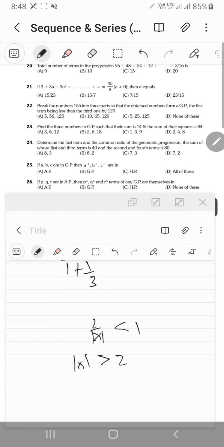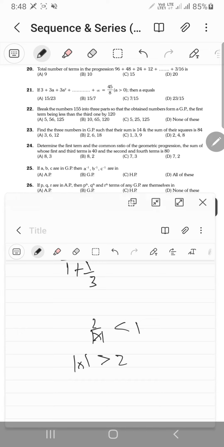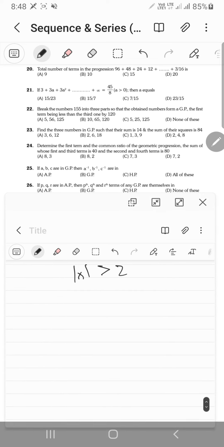Okay, next, total number of terms in this progression. 96, 48. Wait, what? Oh, it's going half, so ratio is half. Got it. So 3 upon 16 upon 96, I think, right?